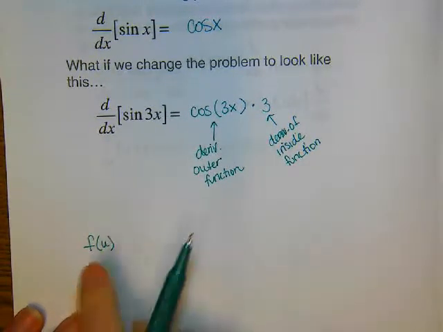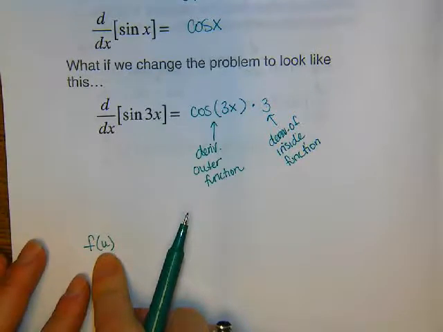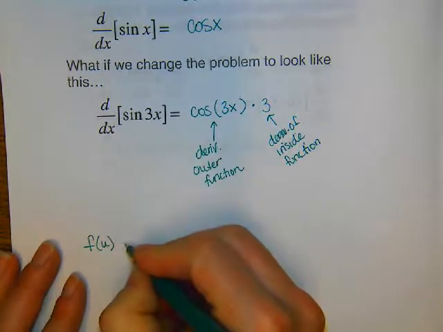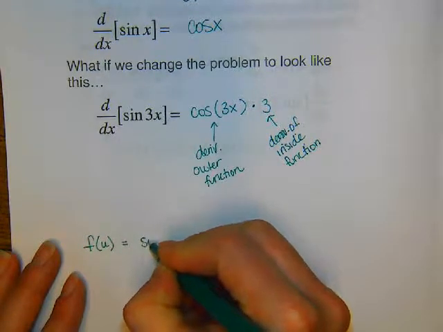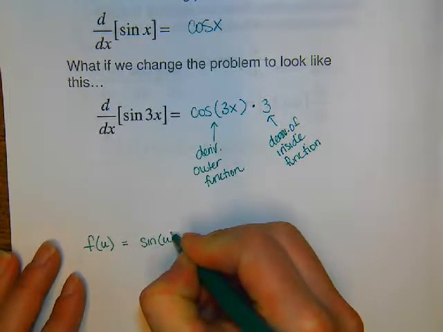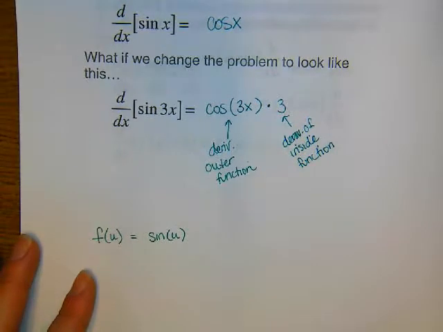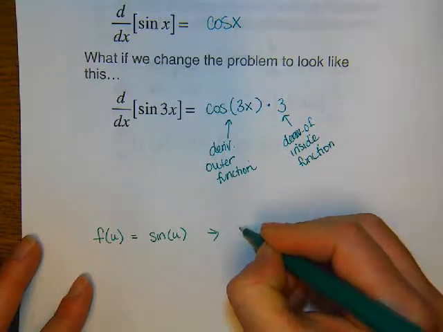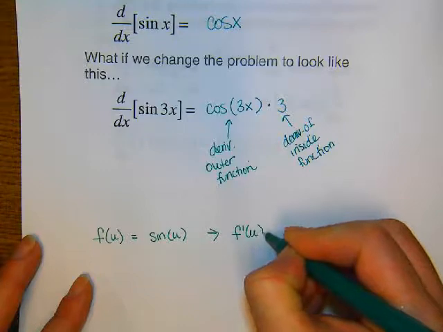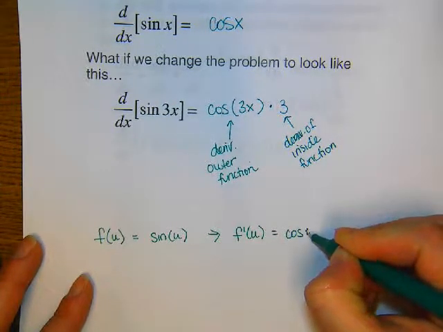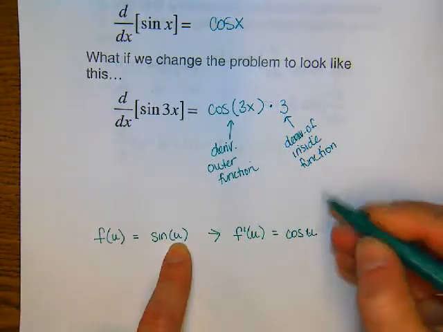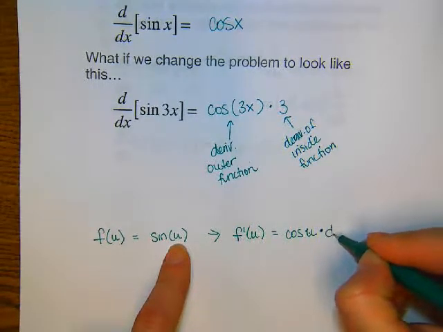To take the derivative, if it was the sine of u, to take the derivative, what I'm going to do is this. I'm going to take the cosine of u, what's on the inside, but then I'm also going to multiply by what I say is du, and that's the derivative of u.